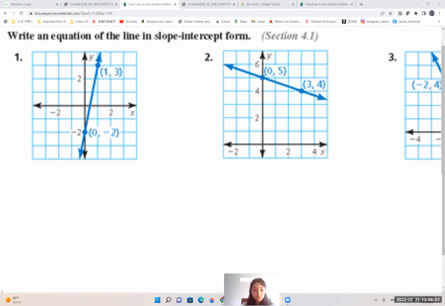Could you tell me what slope-intercept form means? Could you write an example? Exactly.